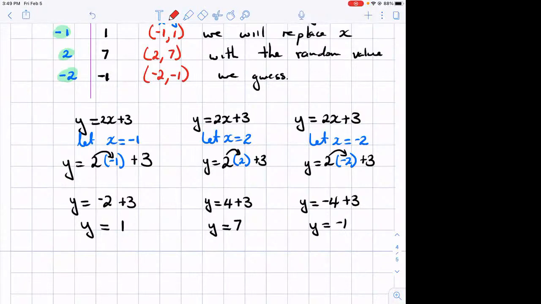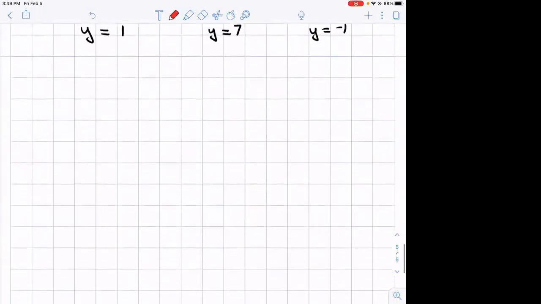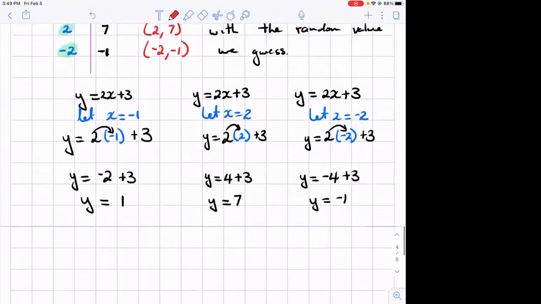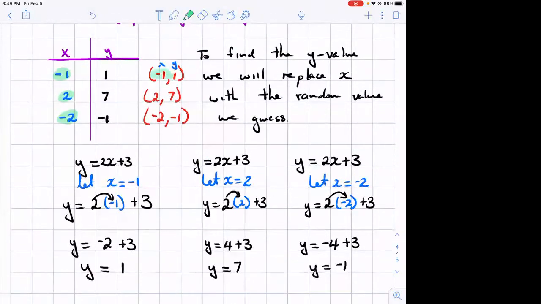And to graph our line now, we will plot these 3 points. Okay? We'll plot those 3 points.